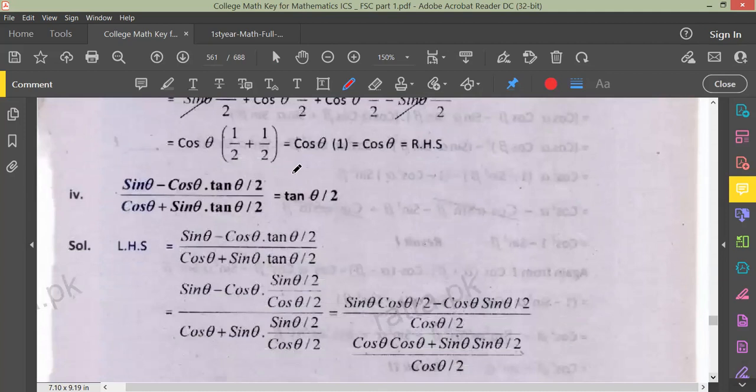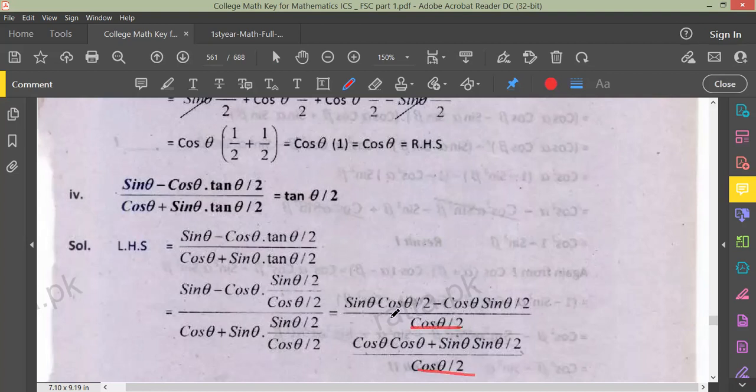Similarly, if we do the fourth part, which is sine theta minus cos theta tan theta over 2, over cos theta plus sine theta tan theta over 2. Simply, we will write tan theta over 2 as sine theta over 2 over cos theta over 2. Similarly, this tan will be equal to sine over cos. After taking the LCM, the LCM will be cos theta over 2.